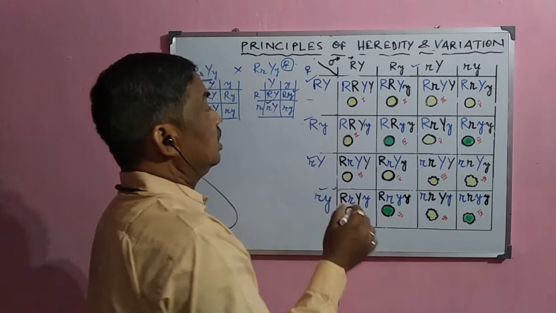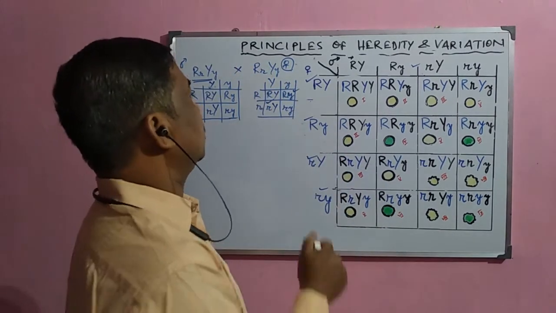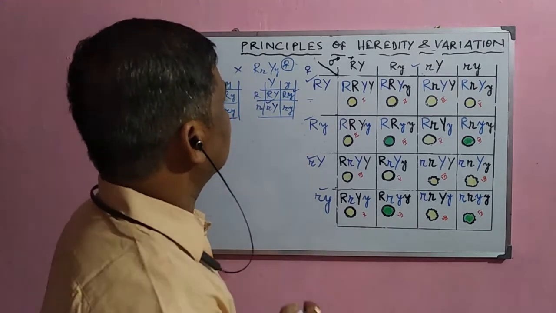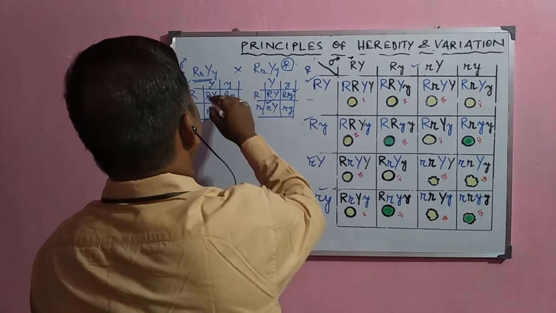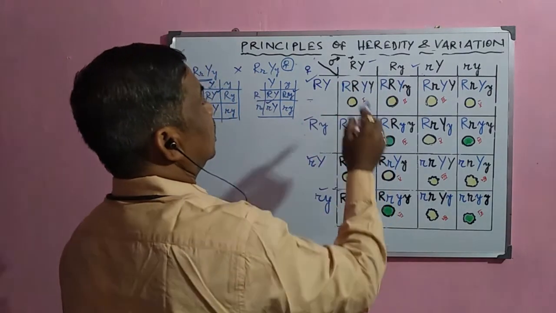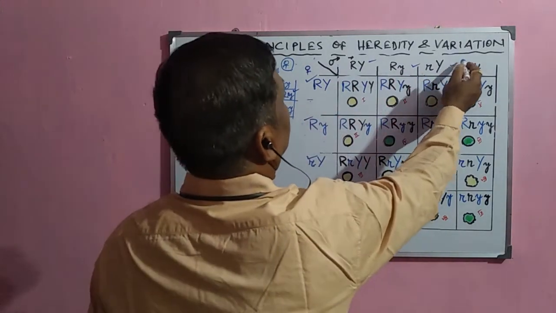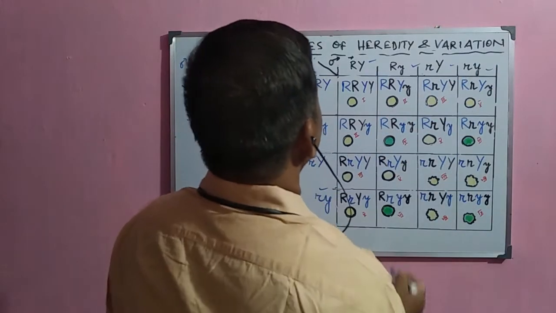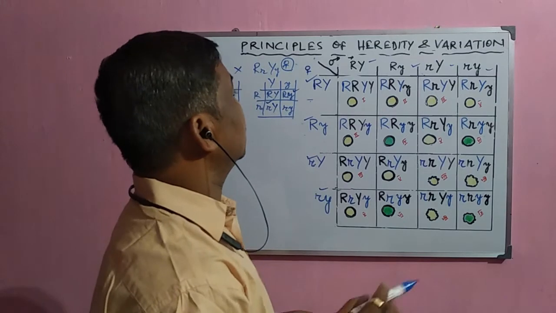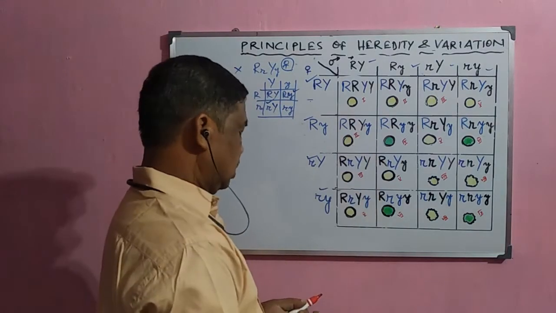So these are the 4 different types of female gamete which were formed in the F1 generation. Now, what are the different types of male gametes? The capital R capital Y, capital R small y, small r capital Y, and small r small y. These are the 4 types of male gametes found here.